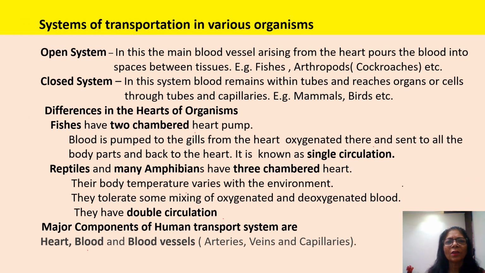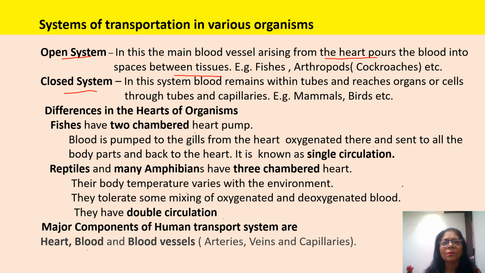Different organisms have adopted different systems of transportation depending on their need. Organisms have two systems of circulation, open system and closed system. In open system, the blood from the heart pours into the tissues. That means they do not have vessels to carry the blood. You can see this open system in arthropods and molluscs.